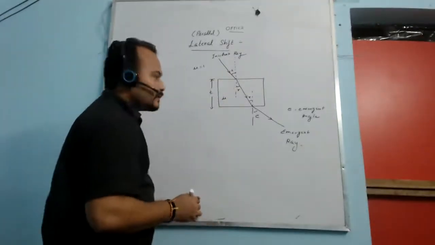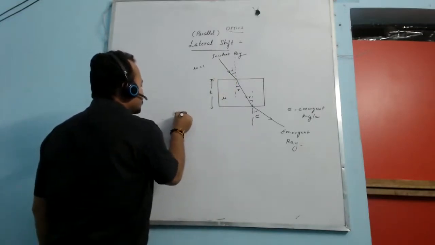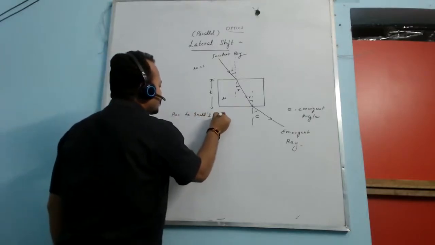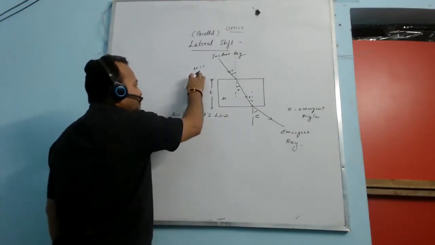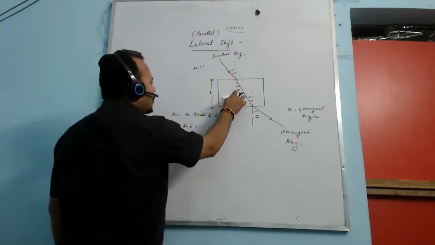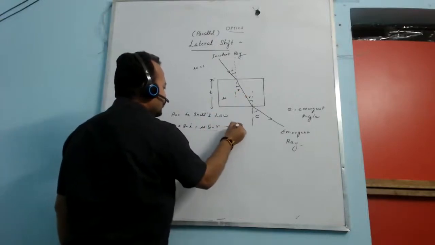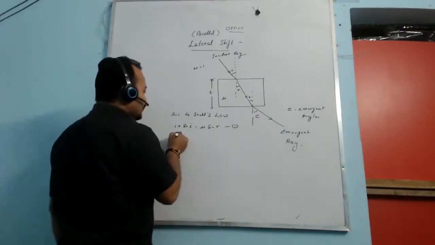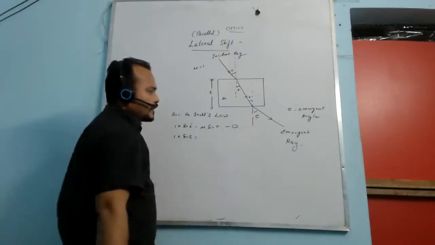How? Let's see here. We apply Snell's law. According to Snell's law, 1 into sin I, where 1 is the refractive index of air, is equal to mu into sin R. This is the first equation. For the second refraction, again we take Snell's law: mu into sin R equal to 1 into sin E, where 1 is the refractive index of air outside the glass slab.